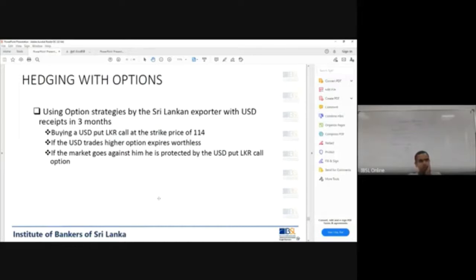If the market goes against him, he's protected by the dollar put rupee call option. So if the market falls, he's hedged to a certain extent. He might not be able to completely eliminate the risk, but still he will end up better off than where he was.